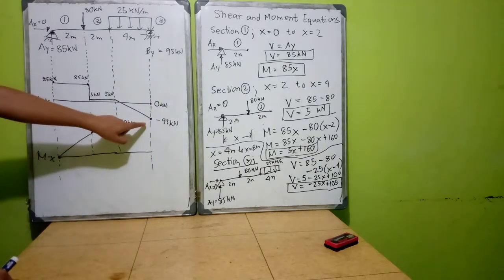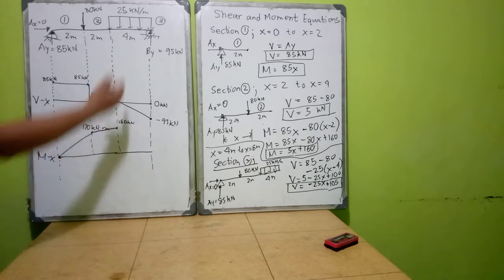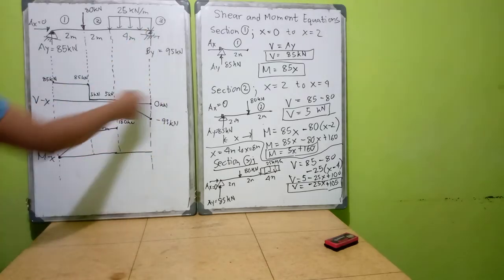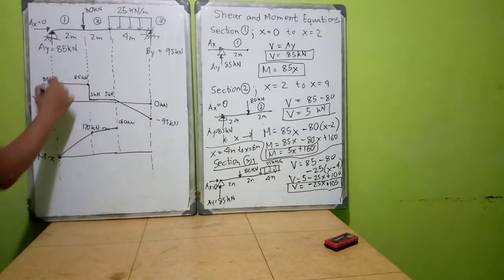So you have two shears acting on these supports. We have negative 95 and 0. So this is your shear equation.